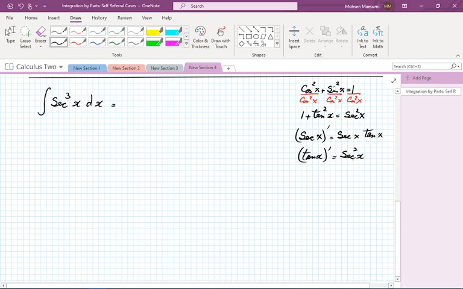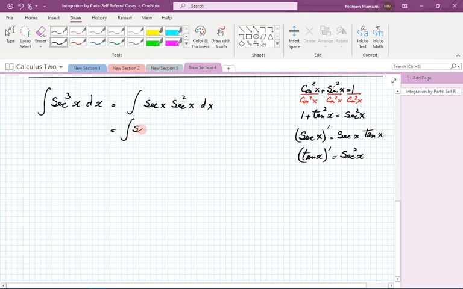The very first few steps of this are not really related to integration by parts; rather they are related to properties of trig functions. So let's see what we can do here. The first step is to take this and split it into two pieces like this. These are the parts so far, but as it is, that's not going to help us.